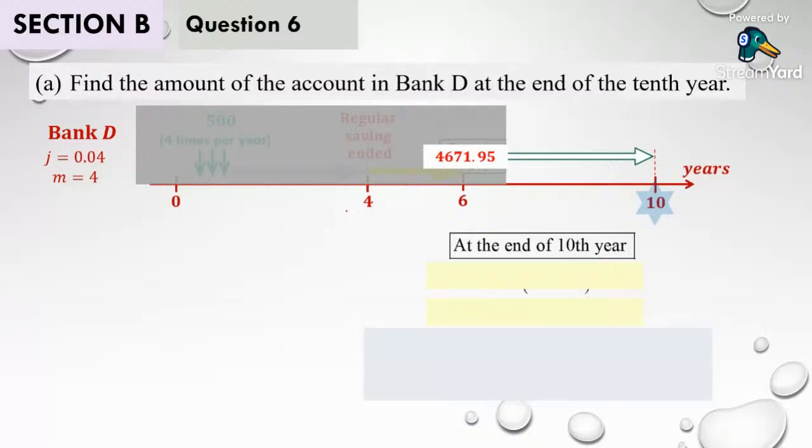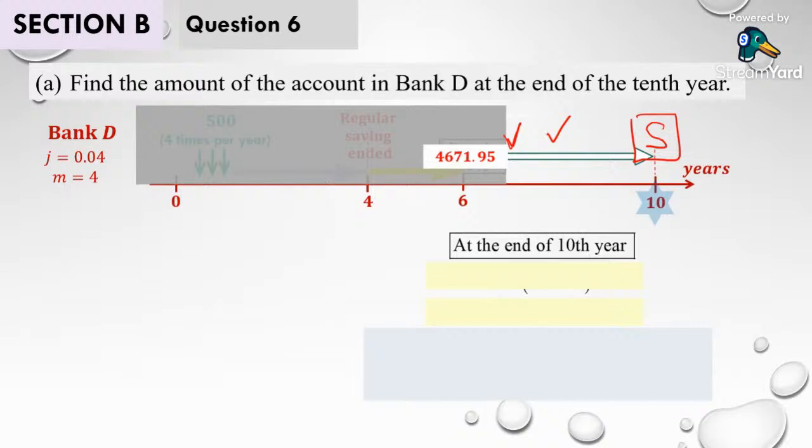And in these 4 years, there is no other transaction to insert or withdraw money. Now we have another situation of compound interest with a new principal, or new present value. And this future value, the S, is the final answer that we want according to the question.